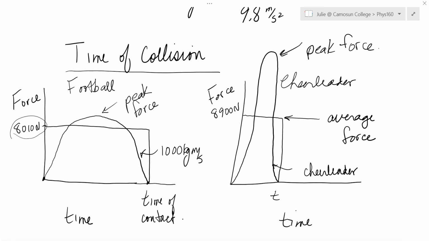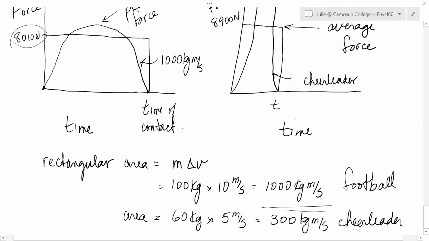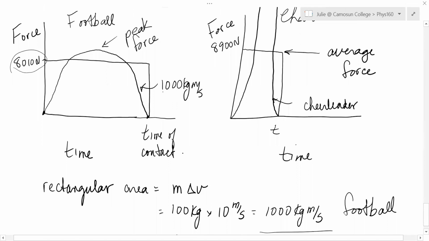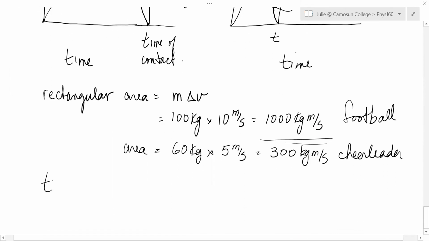You could actually calculate this time of contact if the area is 1,000 and the height of this rectangle is 8,010. The time of the collision. Now this is another way to compare how these numbers are doing. It would equal the area divided by the force.